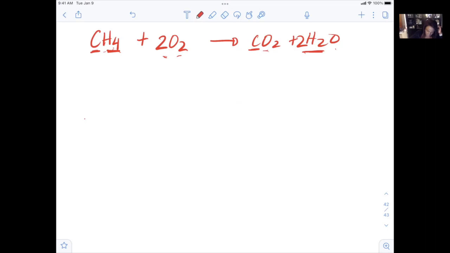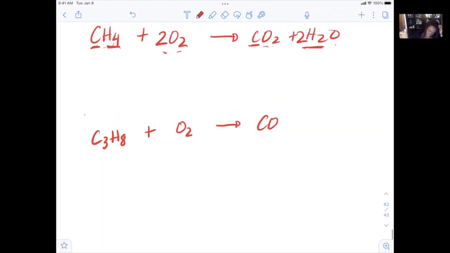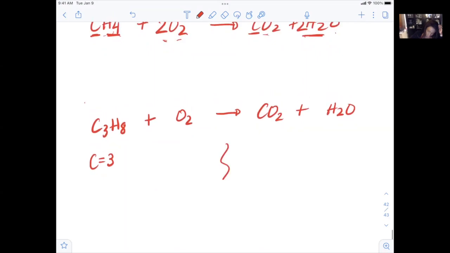Let me see C3H8, how that will work. And if this doesn't get complicated, I'll use one where the carbon number is even. That might get complicated. Okay, so we have 3 carbons and we have 8 hydrogens.